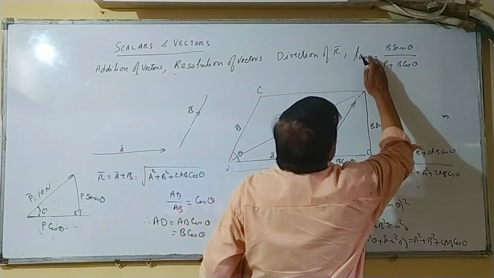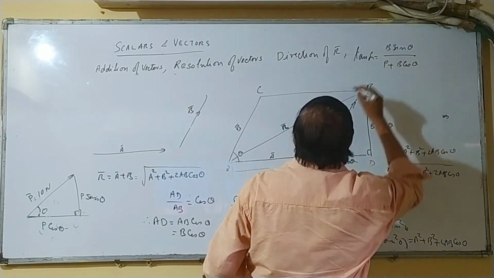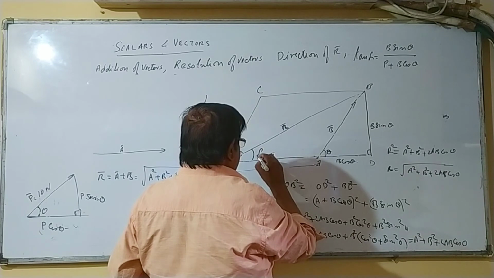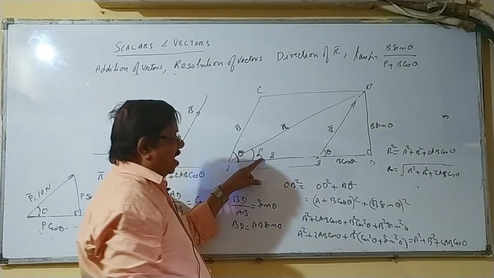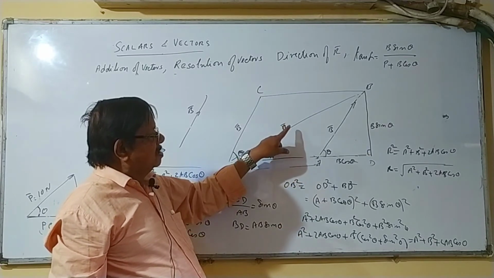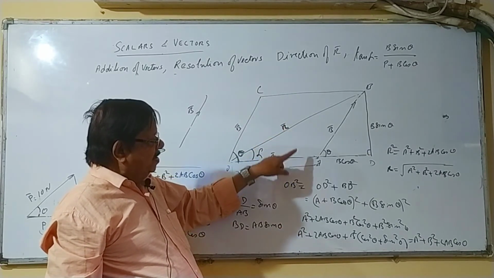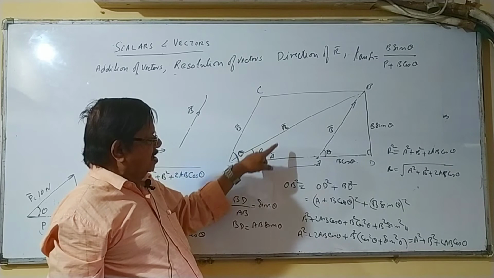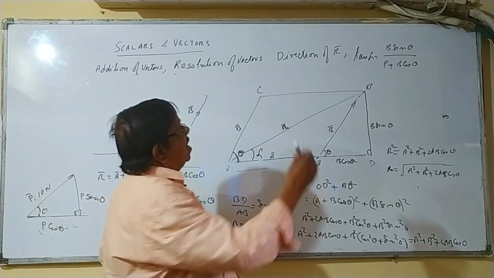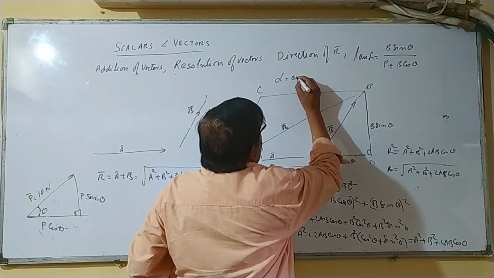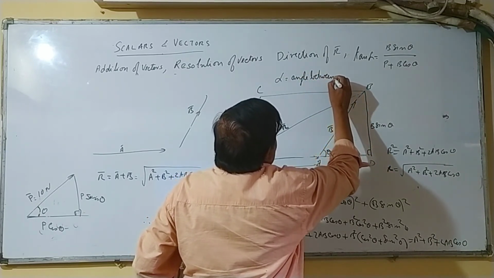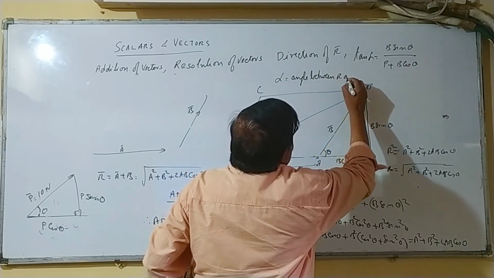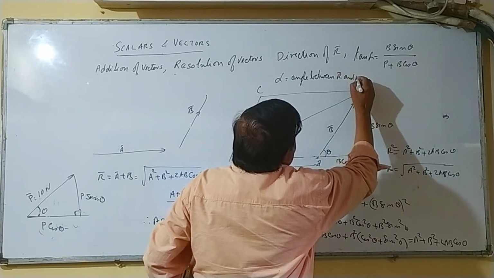Or rather than theta, we call it alpha. This angle is alpha, the full angle is theta, the angle between the vectors. Alpha is the angle between the resultant and the A vector.